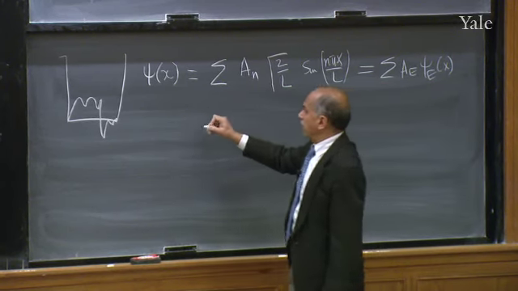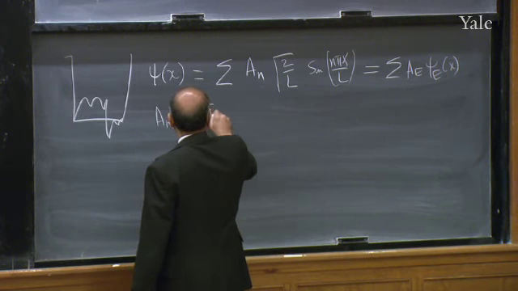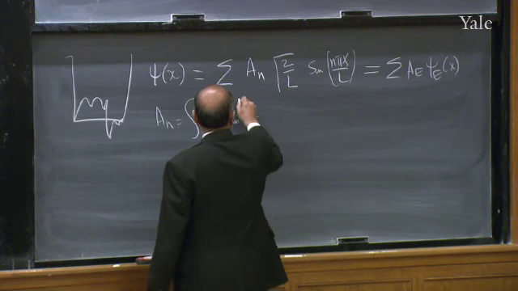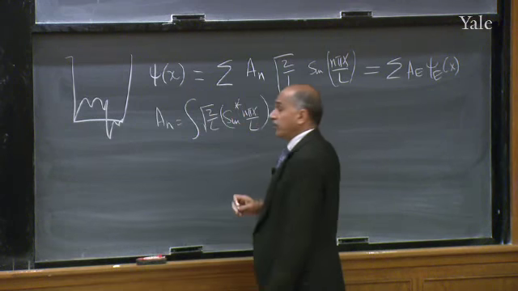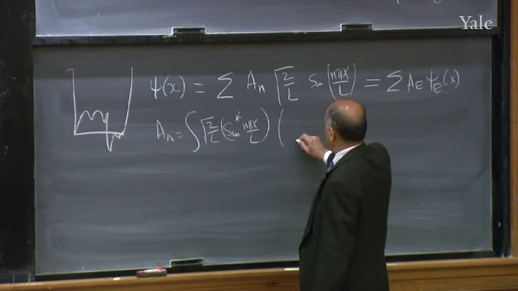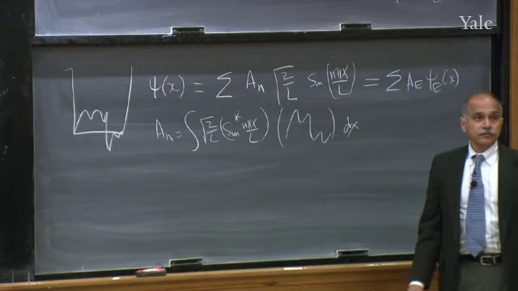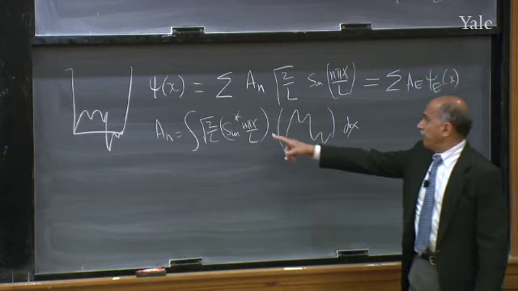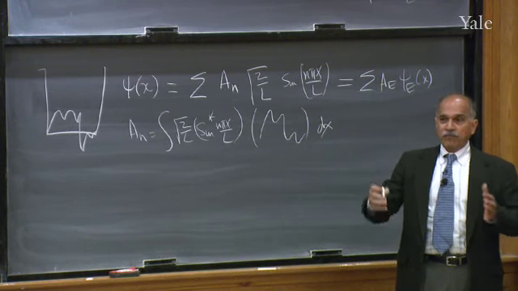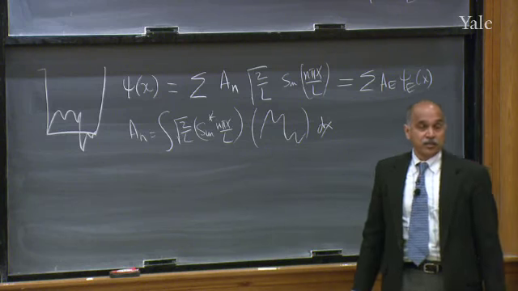And if I want to find a sub n, that's equal to the integral of 2 over L sine n pi x over L. If you want, you can put a conjugate, but it doesn't matter because sine is real. Multiply it by Mr. Crazy here, whatever it is, and do that integral. It'll give you some number for every n, a1, a2, a3, a4, and the square of every one of them will give you the odds that you will find this energy or that energy or some other energy.